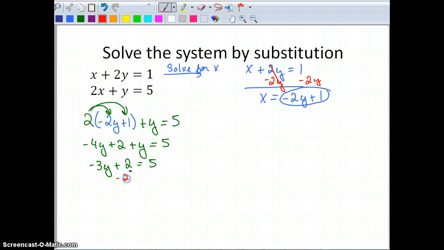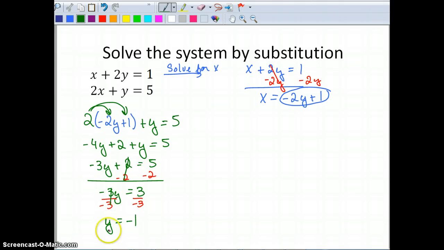I'm going to subtract 2 from both sides. So now we have negative 3y is equal to 3. Divide both sides by negative 3. So now I have positive y is equal to negative 1.